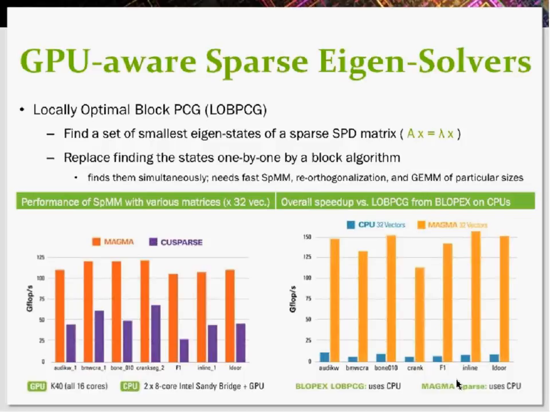On the left, we have again this optimized sparse matrix kernel, which is used in the algorithm. As you can see, we get from the basic kernel to about 100 gigaflops, but overall for the algorithm we have to do a little bit more. Typically just for 32 vectors, but because of the nature of the algorithm using a lot of matrix multiplication, it is double the performance. So we get to about 200 gigaflops using GPUs.